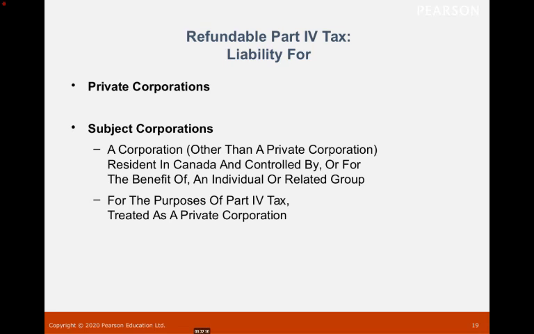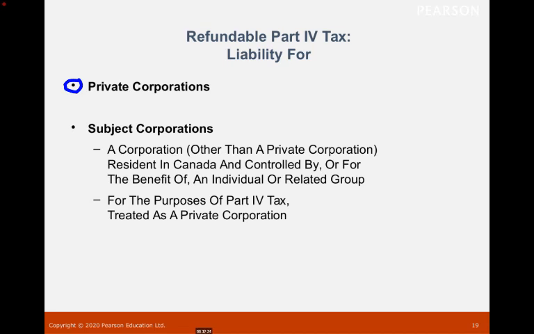This is a liability. This is for private corporations. If you do work here in Halifax, a lot of the work you'll do is probably going to be with CCPCs, Canadian controlled private corporations. That's where a lot of the work comes from locally.